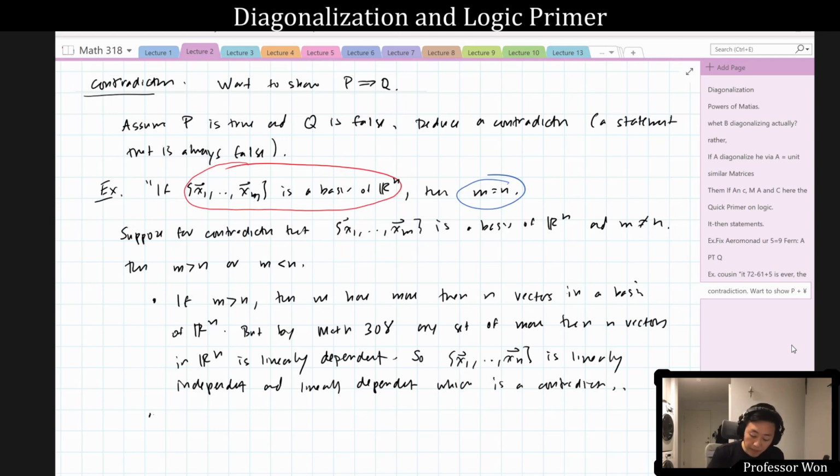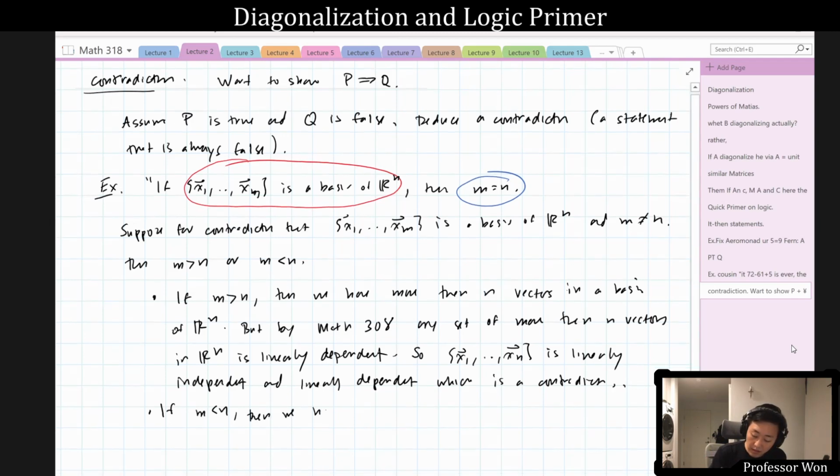Okay, similarly, if m is less than n, then we have fewer than n vectors that span Rn. Or maybe I should say fewer than n vectors in a basis. But we have a theorem from Math 308 that says that fewer than n vectors never span Rn.